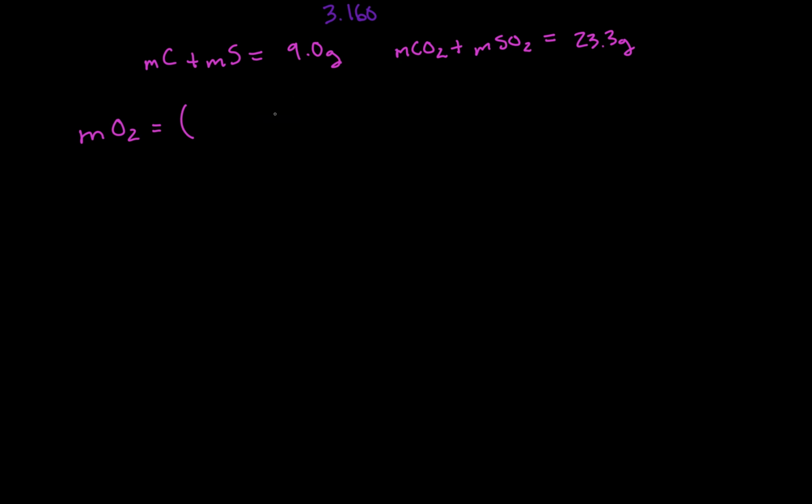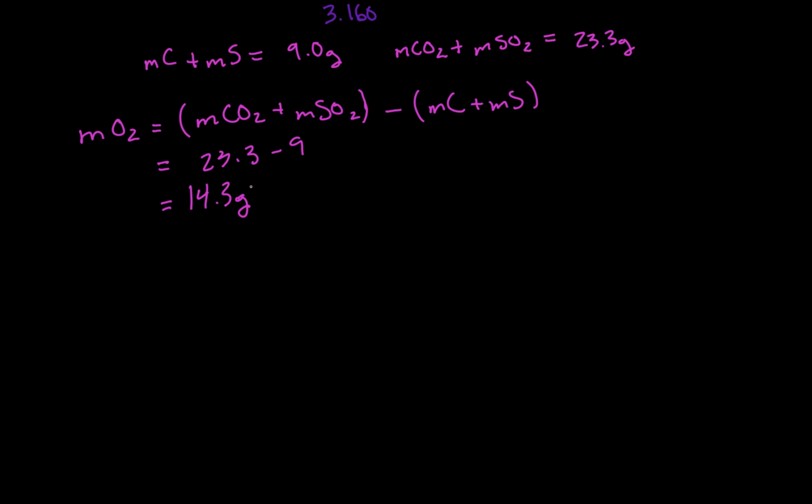Excuse me, let's not make some negative figures to have to deal with. All right, so both the products minus the mass of the reactants. This is 23.3 minus 9 for a grand total of 14.3 grams.